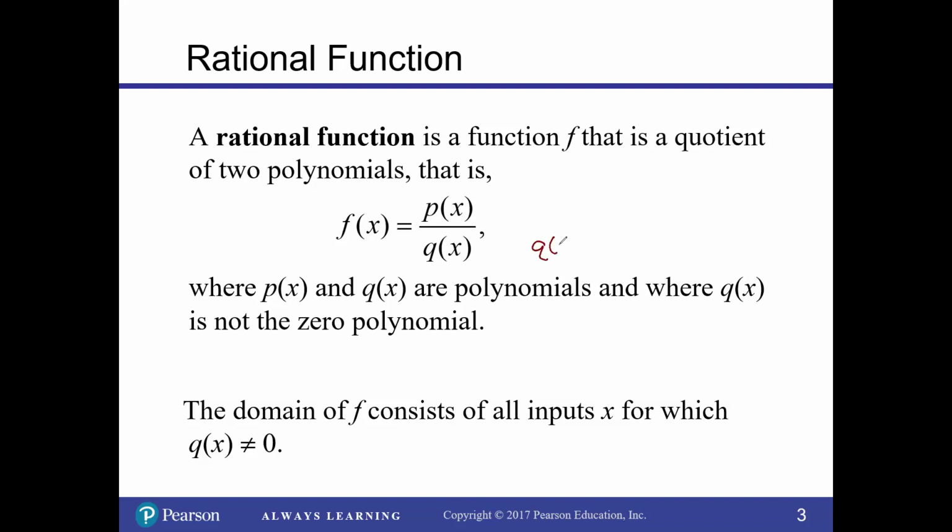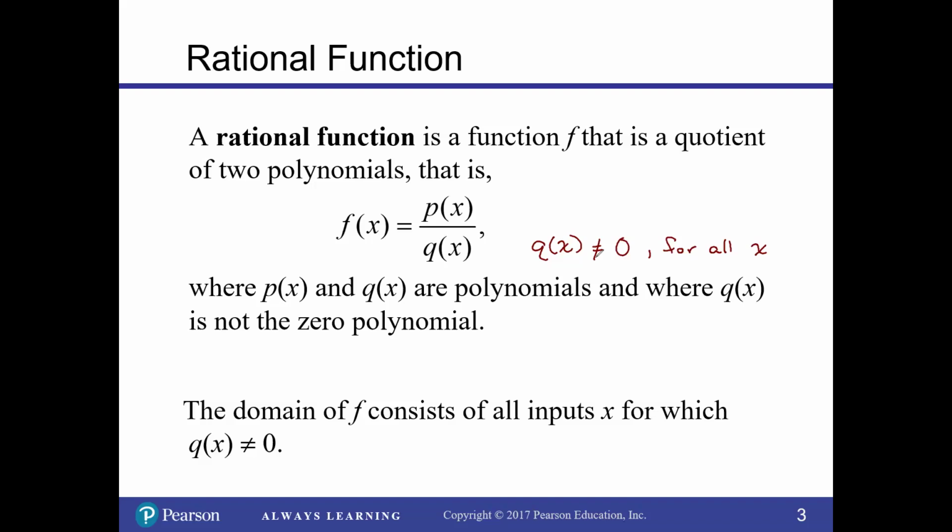That means that q(x) cannot equal 0 for all x. It can for some, but it can't for all of them. So we've seen this before, but the domain is going to consist of all inputs for which your q, or your denominator, doesn't equal 0.